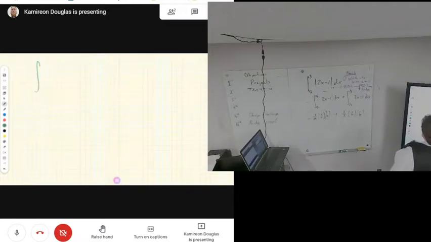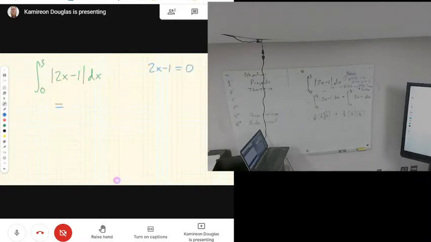Integral from 0 to 3, absolute value of 2x minus 1 dx. Step 1. I'm going to start by taking 2x minus 1, letting it equal 0. This is going to determine my boundary point. When I do that, I add 1 to both sides. I get 2x equals 1.